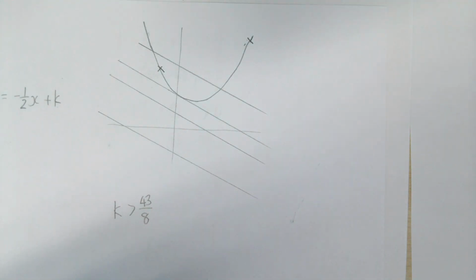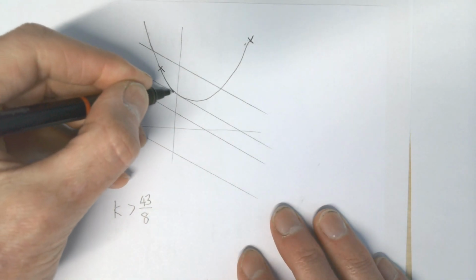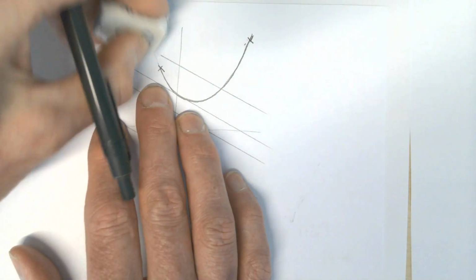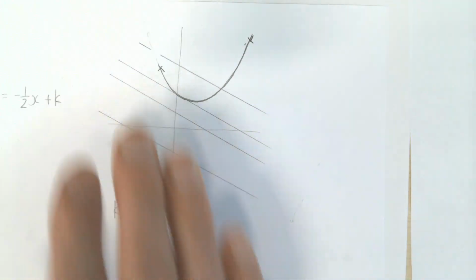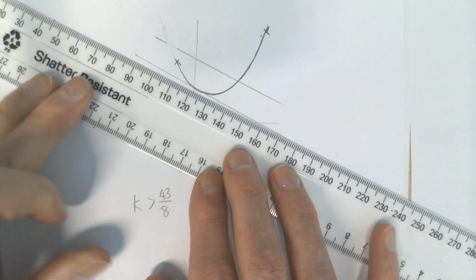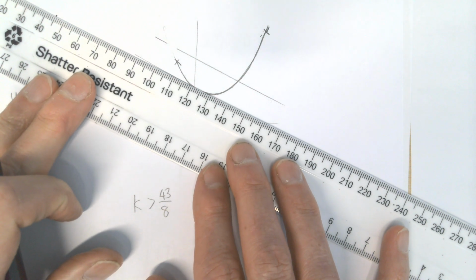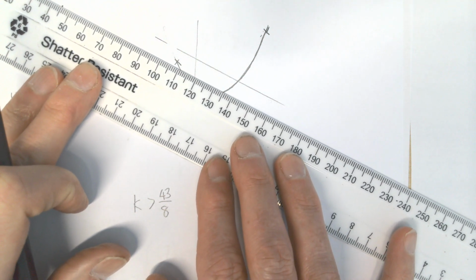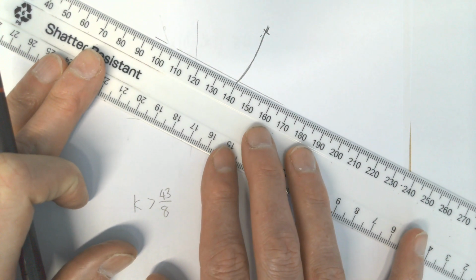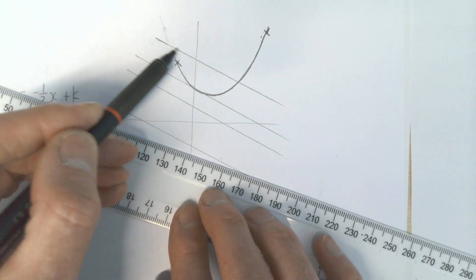So actually the curve is only defined for these values here. It's not defined beyond that. And that means that there will come a point with this line here as it slides up. We already know that that's 43 over 8, but as k gets bigger and bigger, there'll come a point where it will pass that point and will therefore, like this one, only have one solution.